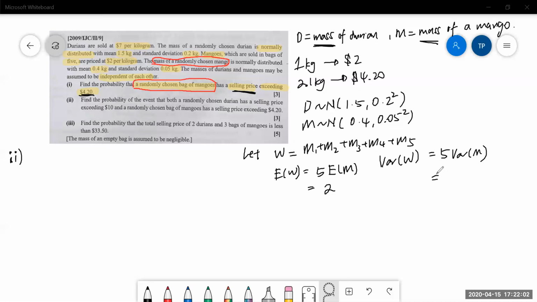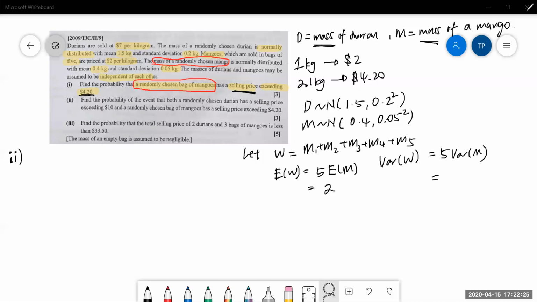Now look at the question part. Look at part 1. I want to find a randomly chosen bag of mangoes. Oh, am I supposed to count the variance for you?